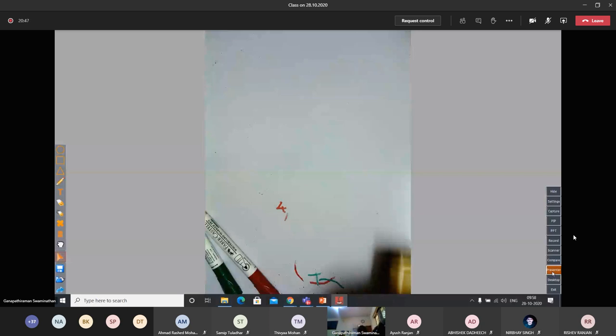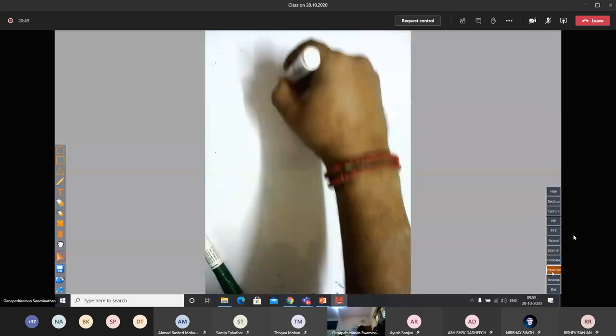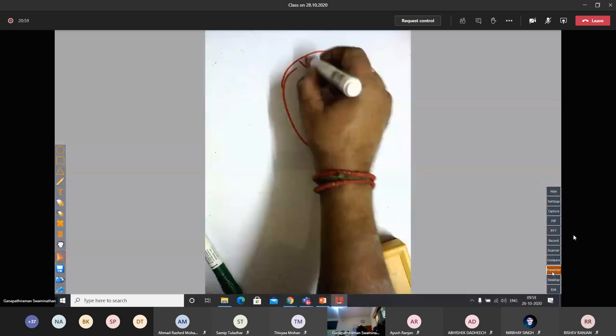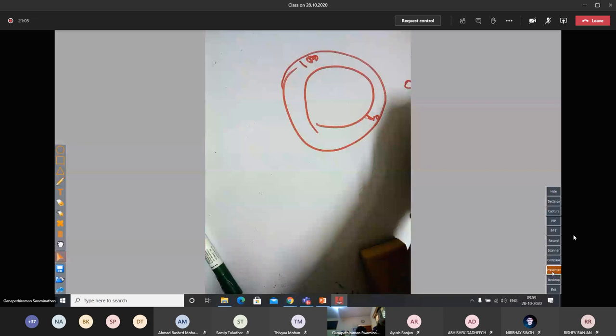Take a horizontal plate. You have a vernier moving inside. You have 0, and this is 180. So the graduation is 0 to 360 degrees. Suppose there is a vertical plate.